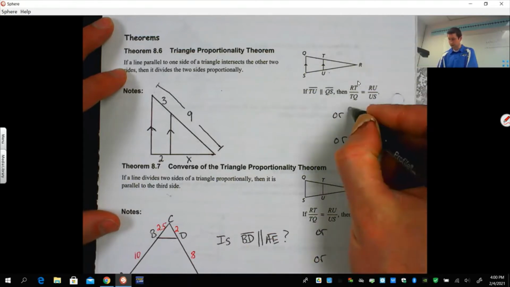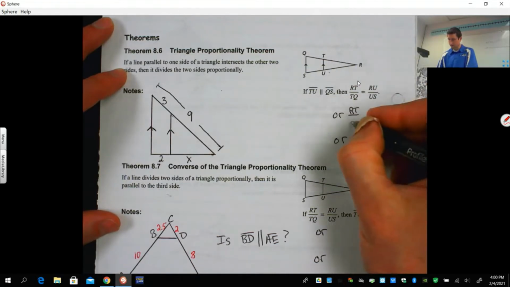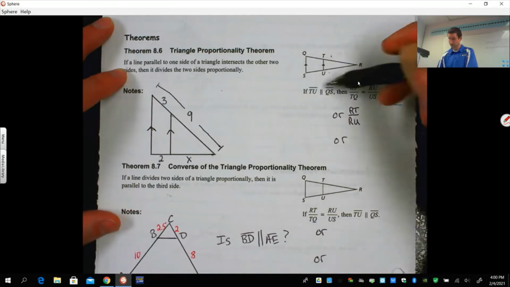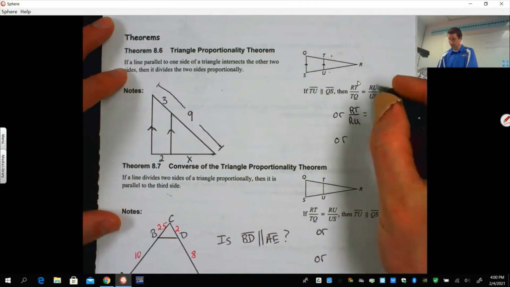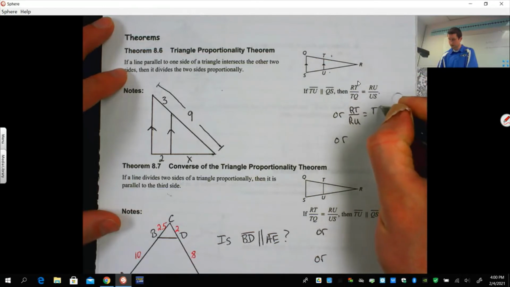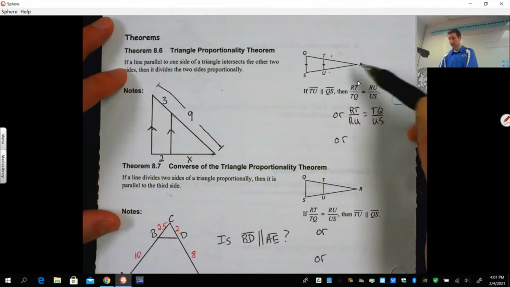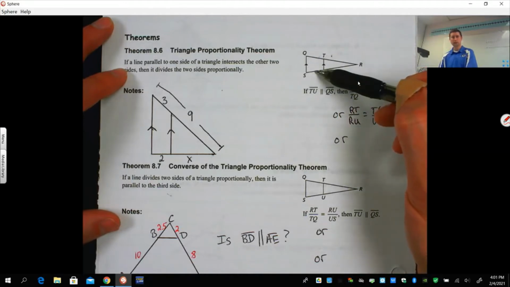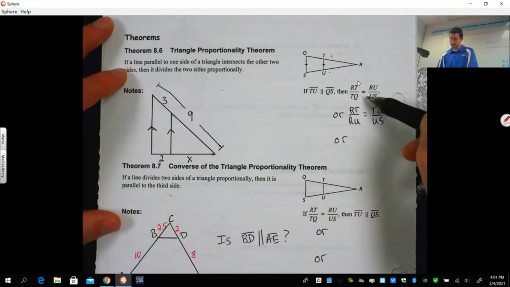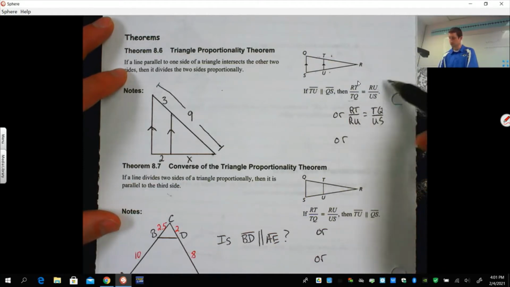I could take RT over RU, and that could equal TQ over US. It would have to be TQ over US, not US over TQ, because I wrote RT on top. That is just interchanging these two parts. Okay, you can do that proportion.